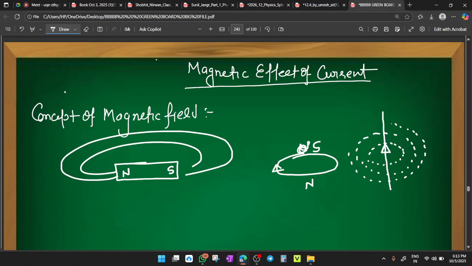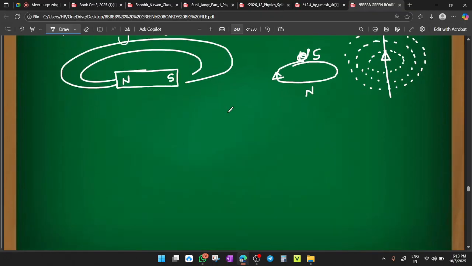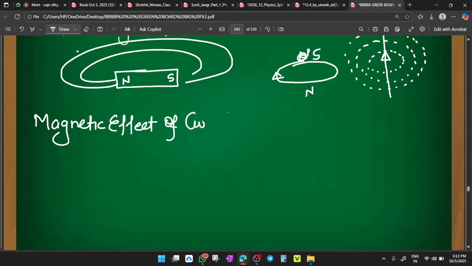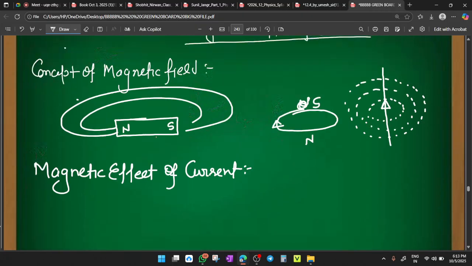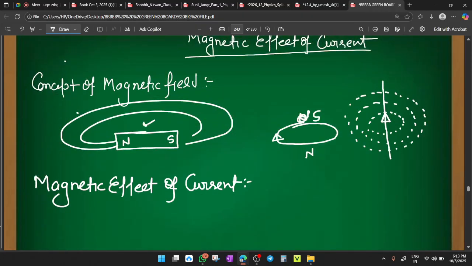Oersted is the first scientist who discovered the magnetic effect of current. The motto of this chapter is to experience the magnetic effect of current. Before Oersted's experiment, everyone depended on magnets for magnetic effects.